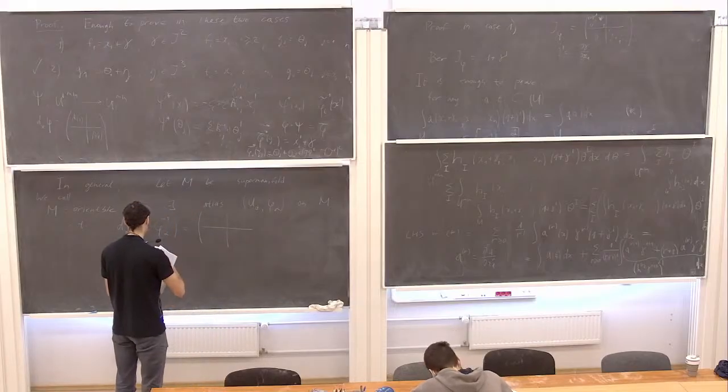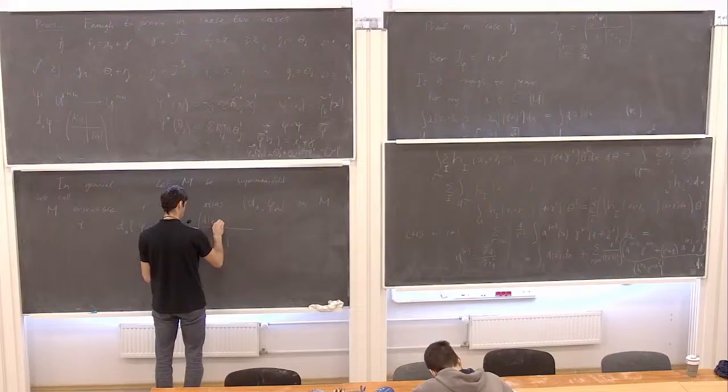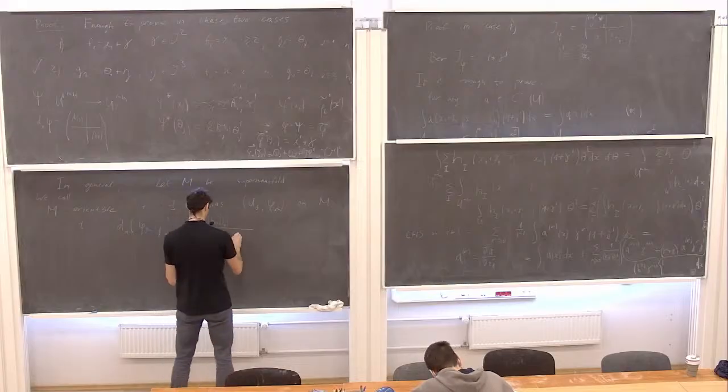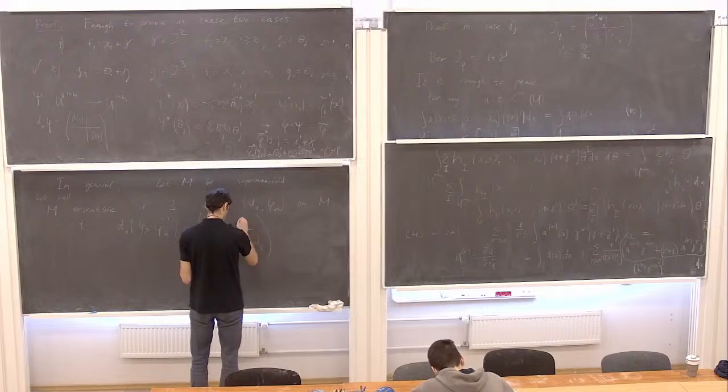This one I will denote dx phi alpha beta alpha 0, and this one is phi beta alpha 1.